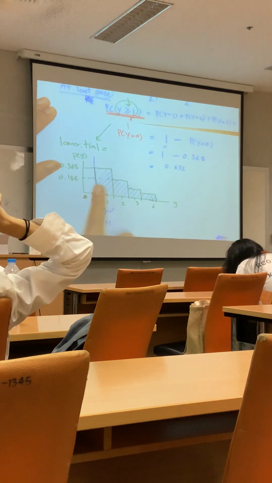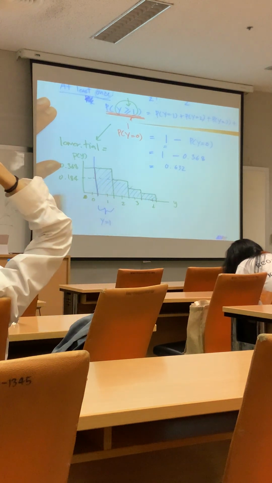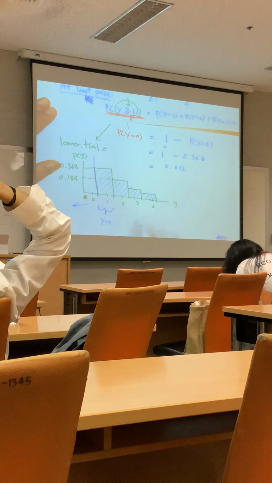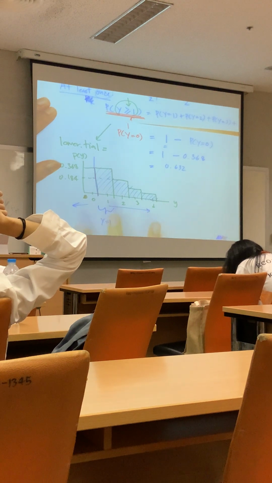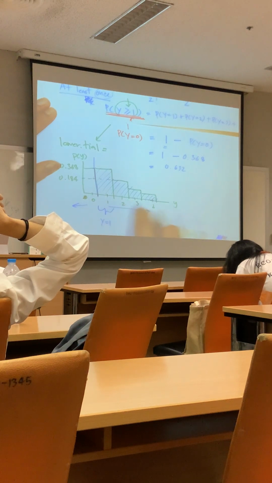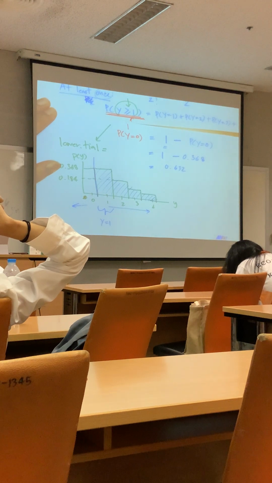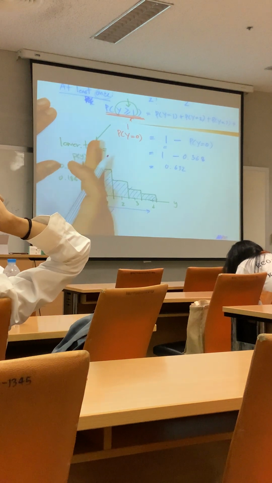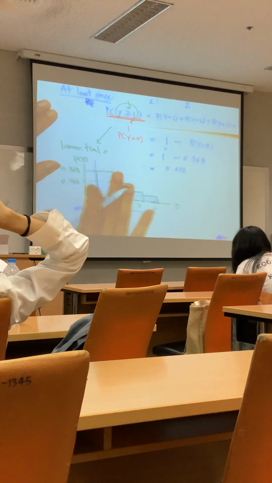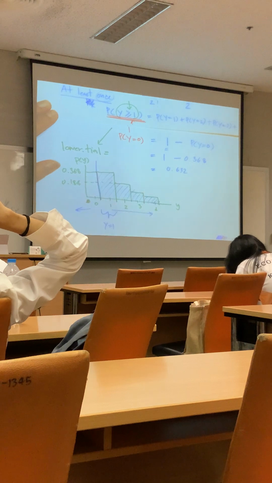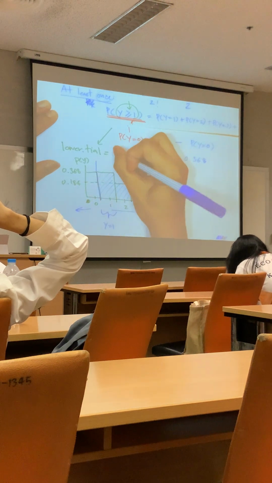You can see that this is the lower tail and that is the upper tail, because the numbers are increasing, 1, 2, 3, 4, 5, 6, 7, 8. Lower tail is something that is less than. So we start with 1, but we want the right hand side. We don't want the left hand side. So the lower tail has to be false.